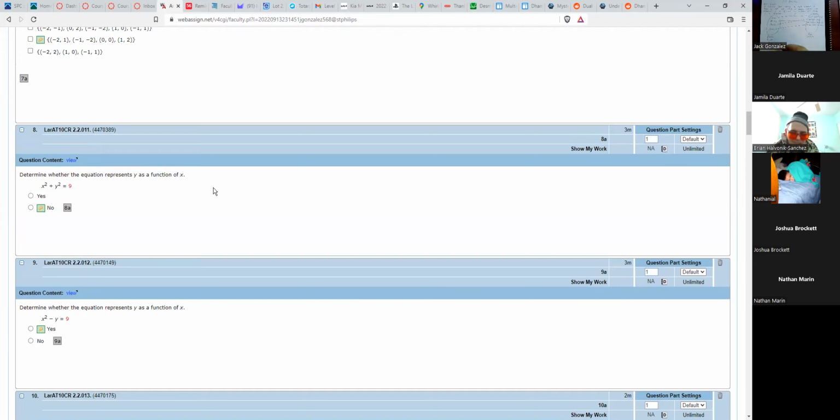Determine whether the equation represents y as a function of x.